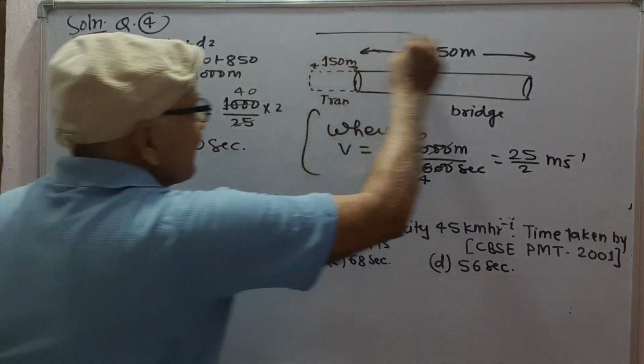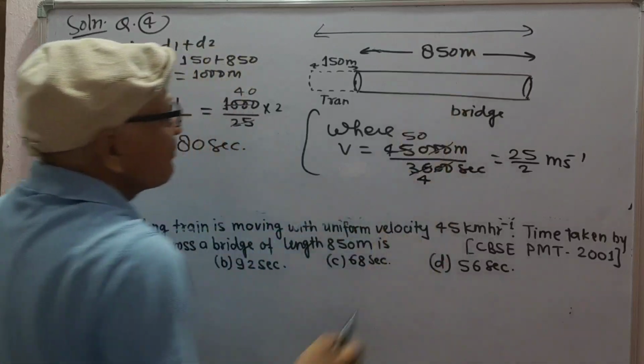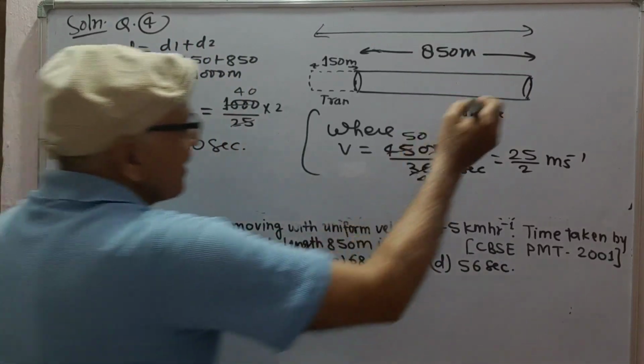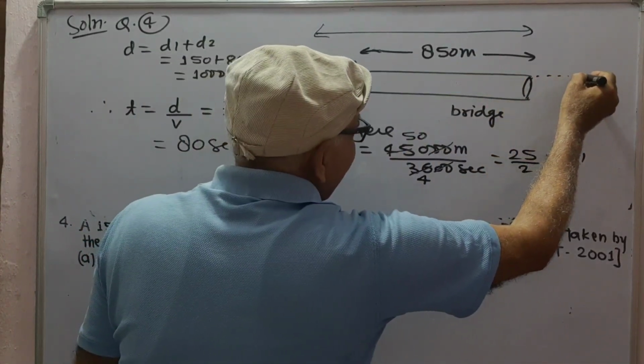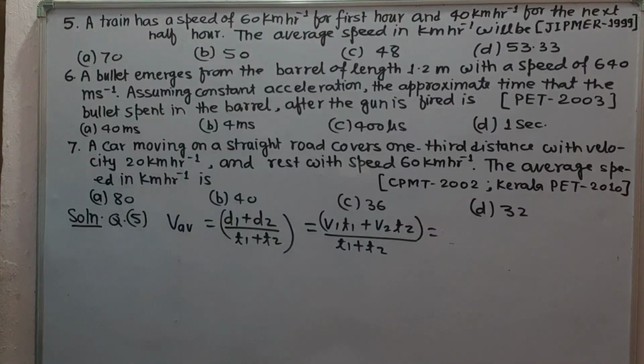So the total distance travelled by the train will be d1 plus d2, and the train will reach here.